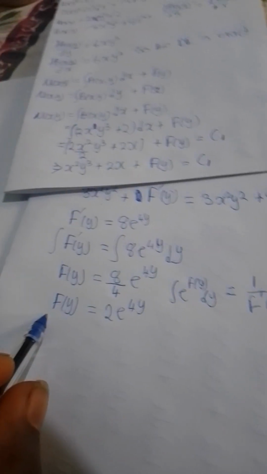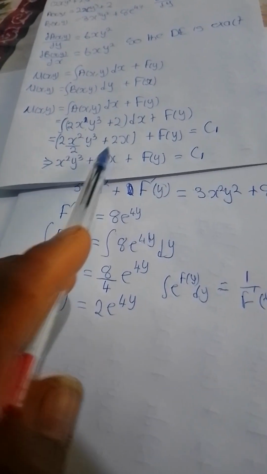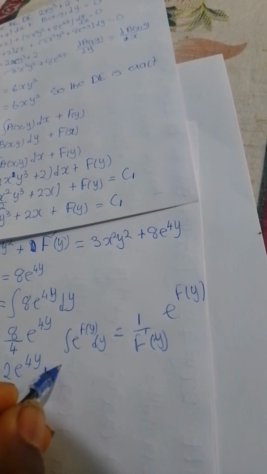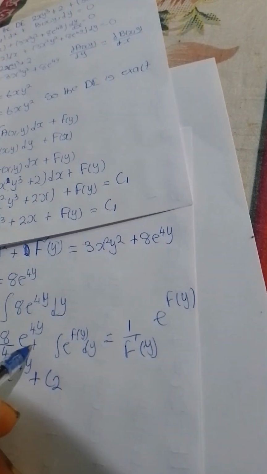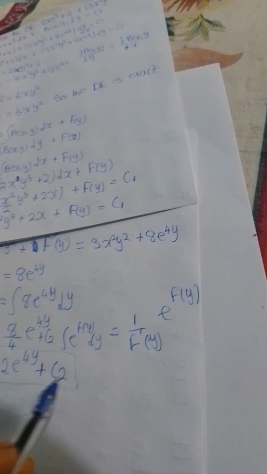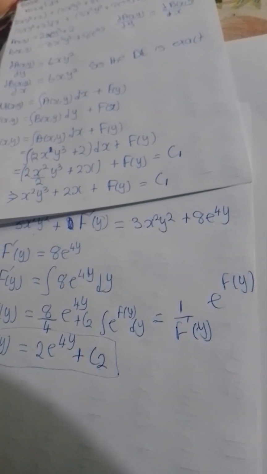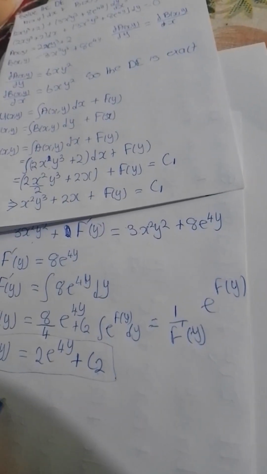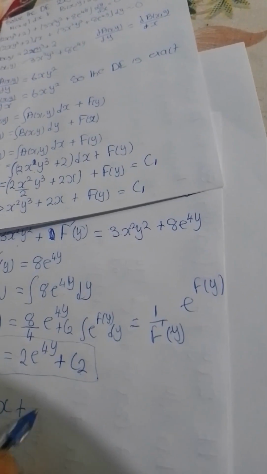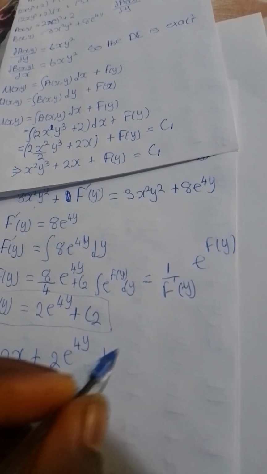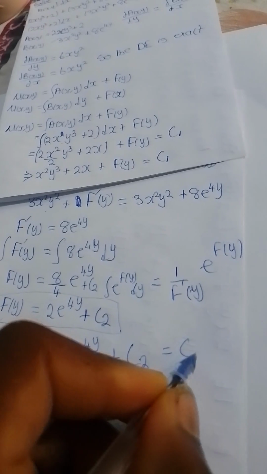Now to obtain the general solution of the equation, we'll just substitute our value of f of y in this equation and then we get the general solution for the differential equation. I omitted a constant here, so plus a constant c2, the constant of integration. So I have f of y to be equal to 2 exponential of this plus my constant c2. Substituting it back there, we obtain x squared y cubed plus 2x plus 2 exponential to the 4y plus c2 equals c1.